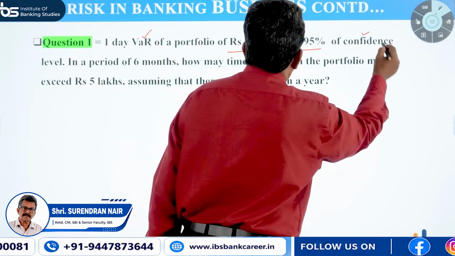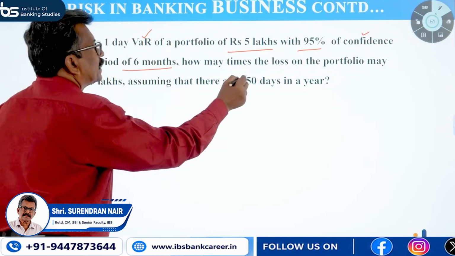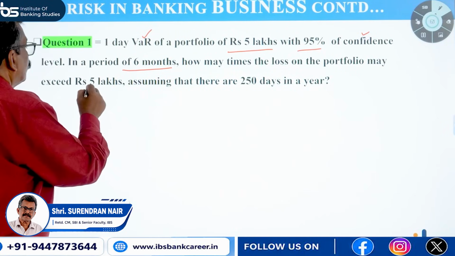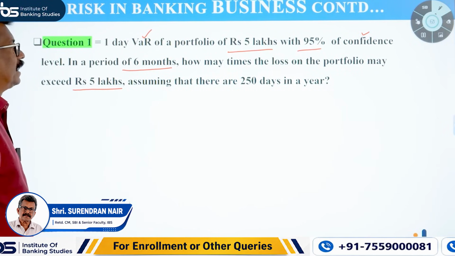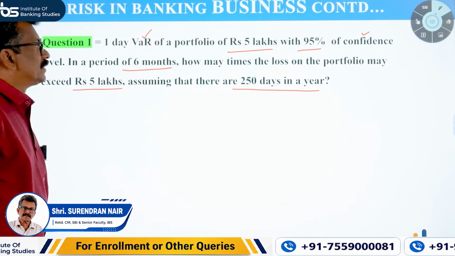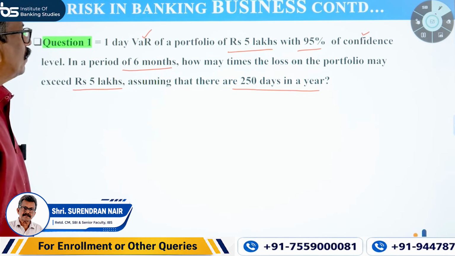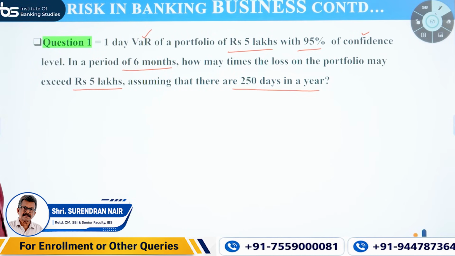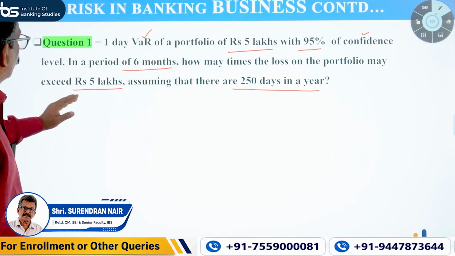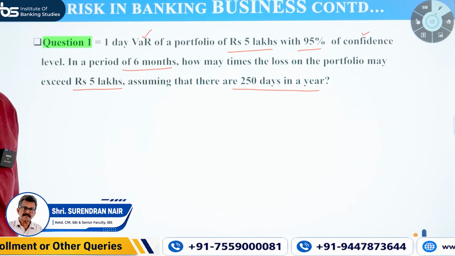In a period of 6 months, how many times may the loss on the portfolio exceed 5 lakhs? Assuming that there are 250 days in a year. So, the question is asking, in a period of 6 months, how many times may the loss on the portfolio exceed 5 lakhs, assuming that there are 250 days in a year.